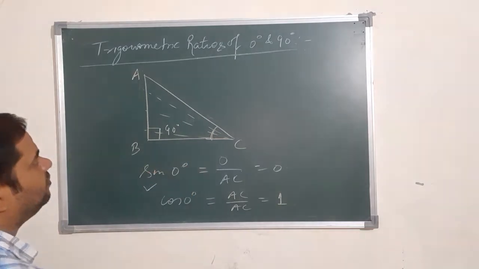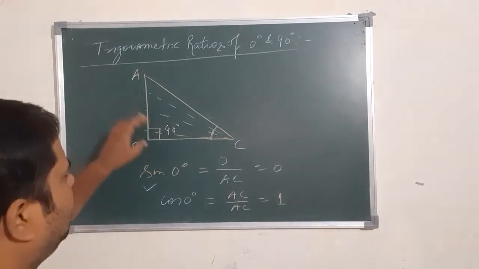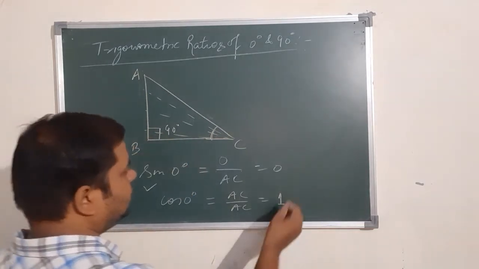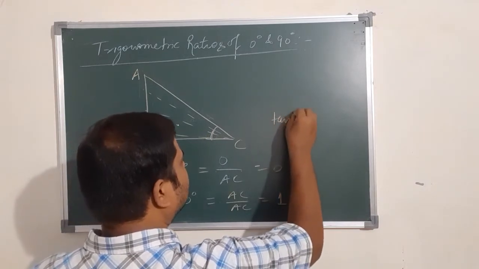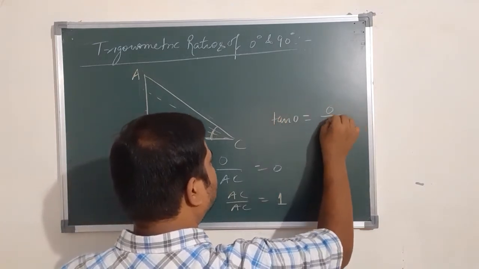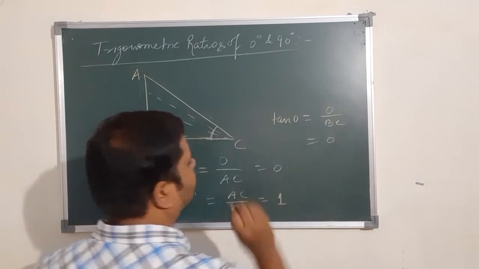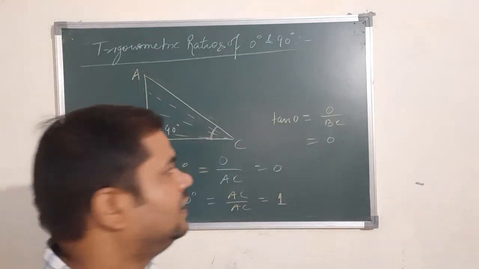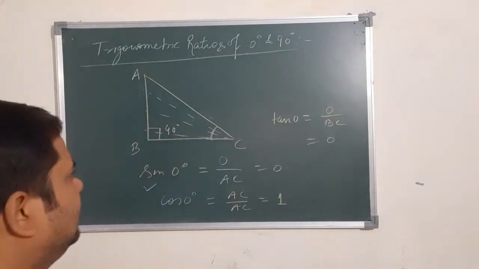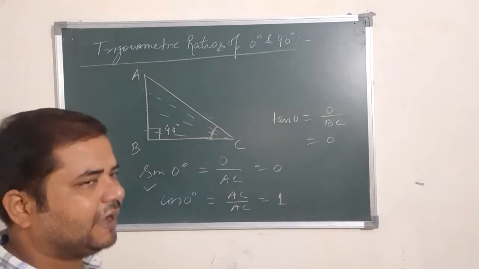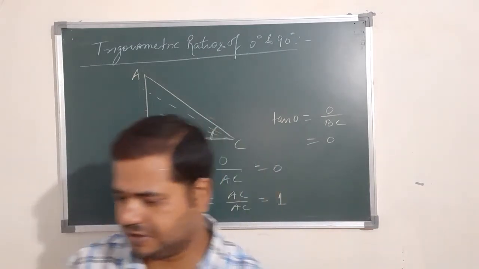The perpendicular is 0 and the base is BC. So tan 0 is 0 by BC, this is 0. Understood?